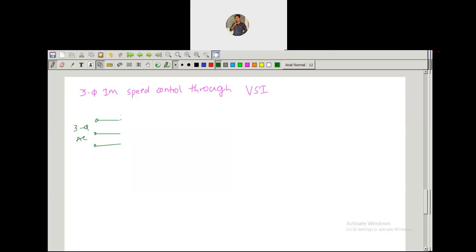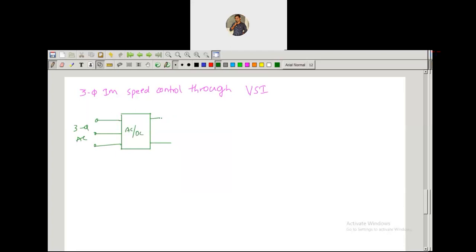So for that we need a converter which has to convert the AC to DC. This is a rectifier, an AC to DC converter, and after that we get a DC output here.